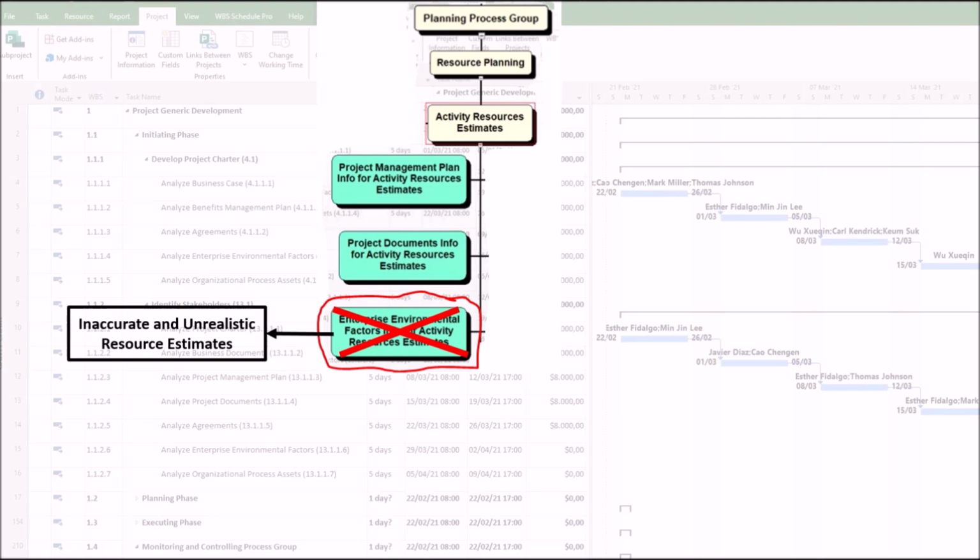1. Inaccurate and unrealistic resource estimates. This is the most direct consequence. The estimates will be theoretically sound but practically impossible. The problem here is that you estimate the need for 5 developers over 3 months based on the work, but you fail to consider enterprise environmental factors, in this case, the internal resource availability.